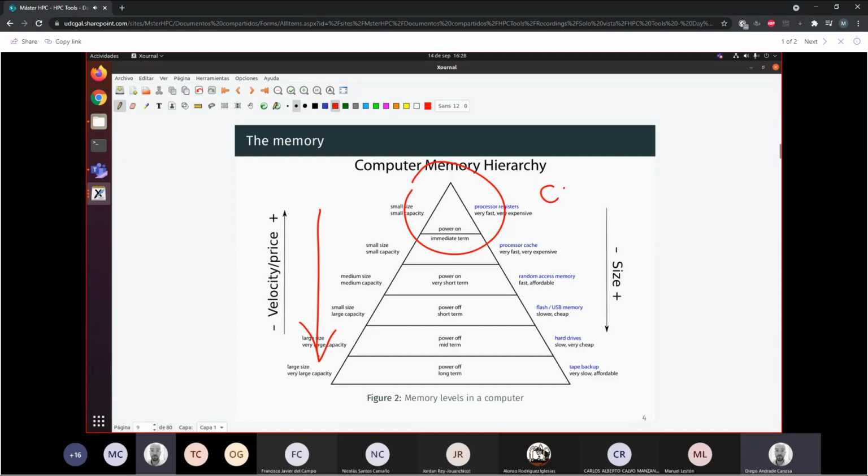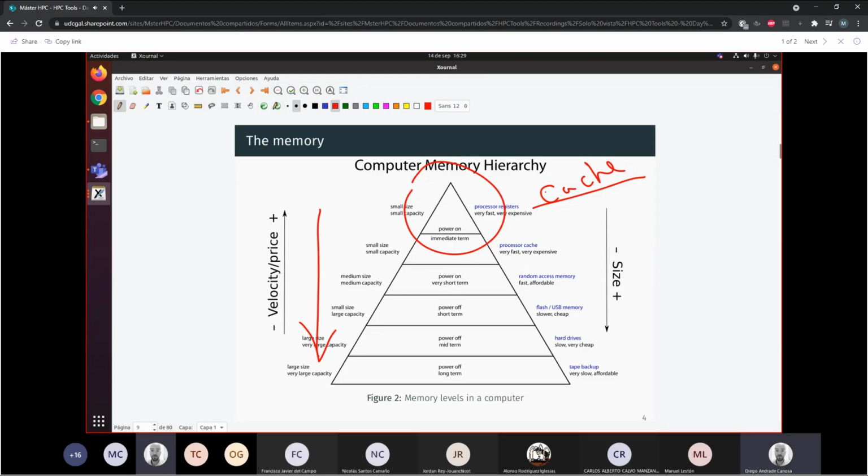Yes? Okay. When you buy a chip of a processor, you open a computer. In the motherboard, in the center of the motherboard, more to the top left, you have pinned the chip of the processor. Inside the chip of the processor, there is a small memory which is called the cache memory.